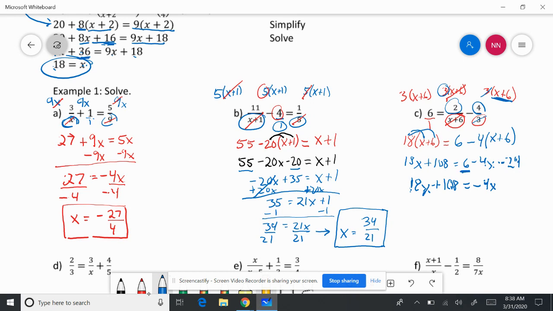Then we have 6 minus 24 gives me negative 18. Then what I'm going to do is add the 4x on both sides. And I get 22x plus 108 equals negative 18.